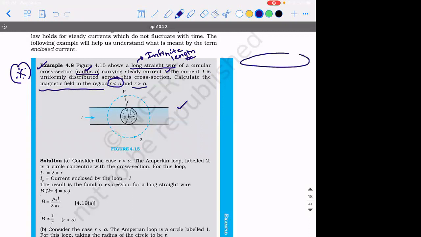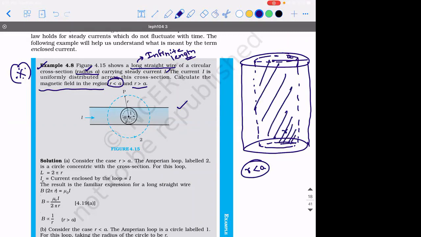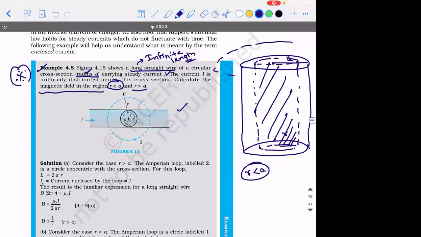Means if you take a cylindrical portion like this, wire generally takes the shape of a cylinder, and if this radius is A, then what you need to do is take a small portion inside whose radius is r, where r is less than a, and we need to find what is the magnetic field produced due to the current through this cross section first. And r greater than a means you will consider a loop like this.